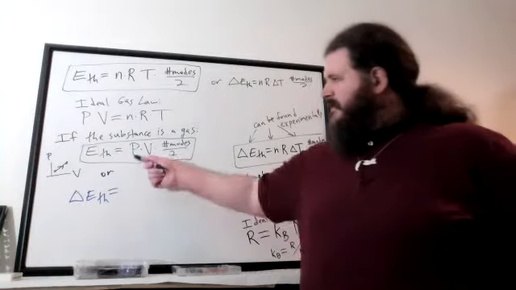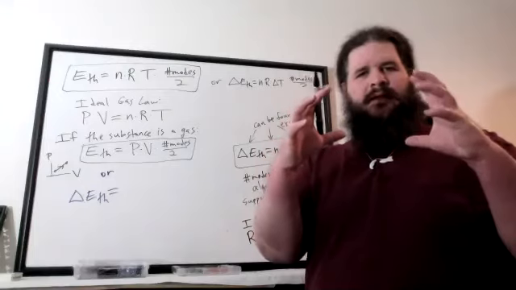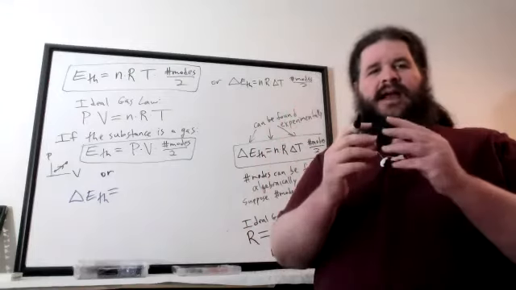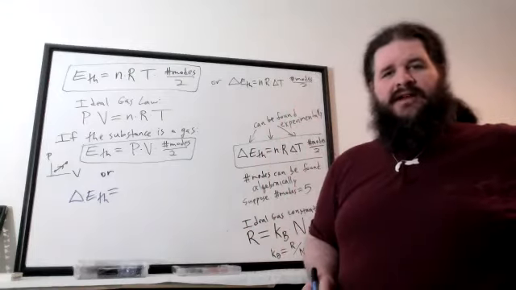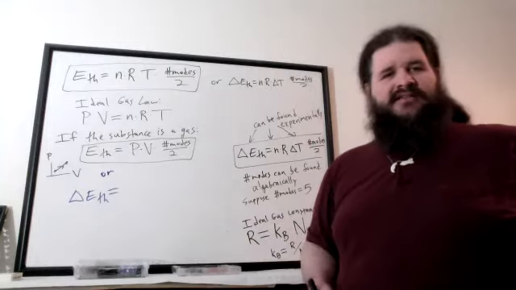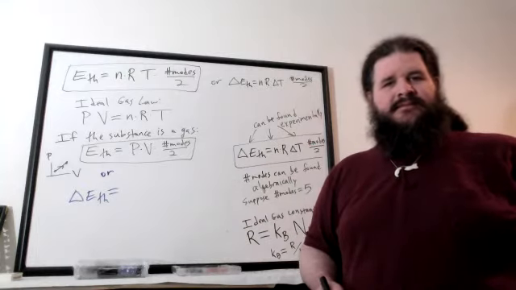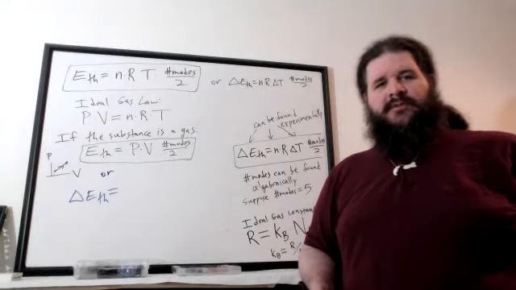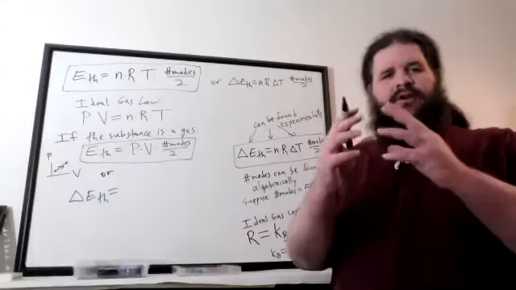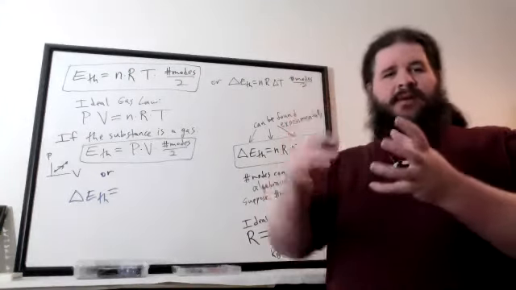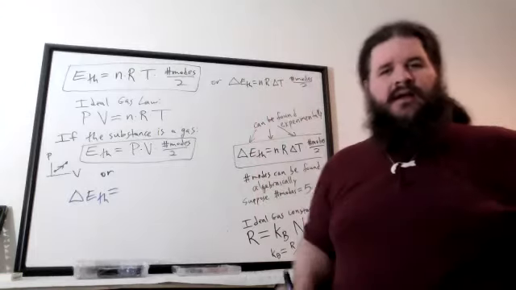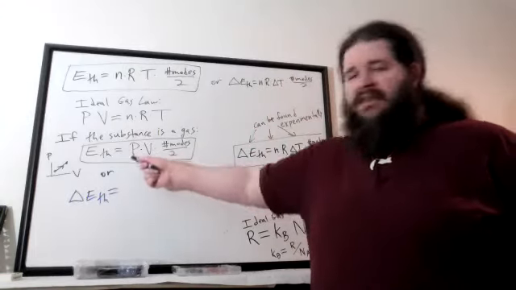The pressure could be changing. Like, let's say you've got this in a box and you add some heat. As the temperature rises, the pressure could be increasing. Could the volume be changing? Yes. Yeah, the volume could also be changing. Maybe you've got a balloon that can expand, or maybe you've got a rigid box, but it's got a piston that can rise. So the volume could be changing and the pressure could be changing.